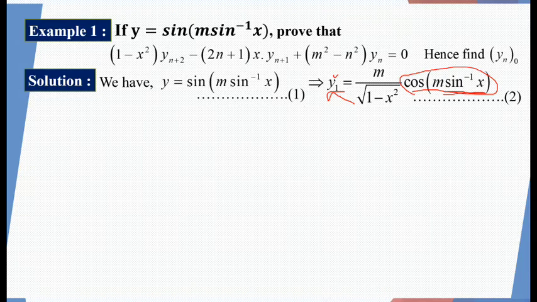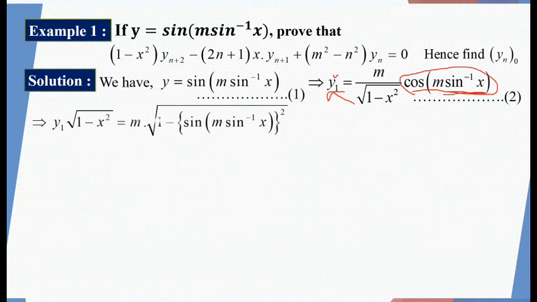So first we let it be equation number 2. So we can simplify it by shifting this square root of 1 minus x square into the left hand side. So it is y1 square root of 1 minus x square equals m cos(m sin inverse x), and this cos(m sin inverse x) can be replaced as square root of 1 minus sin square(m sin inverse x), because we know that cos square theta plus sin square theta is 1.